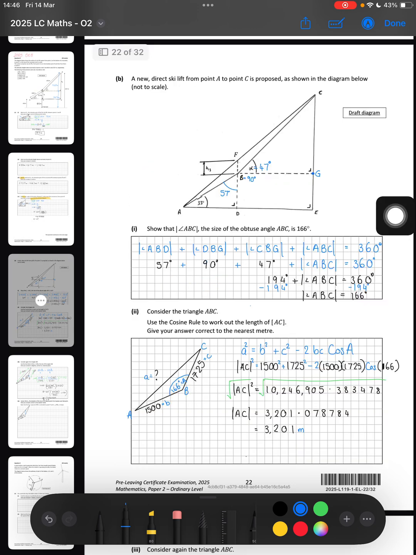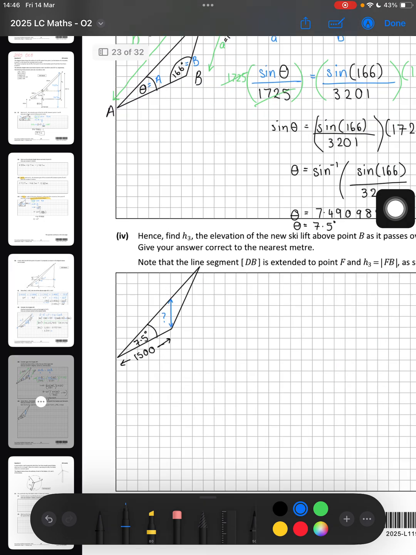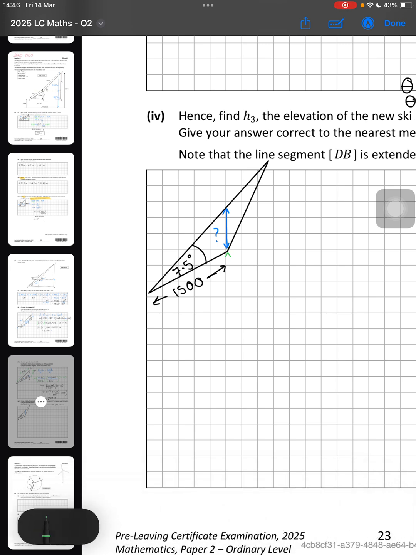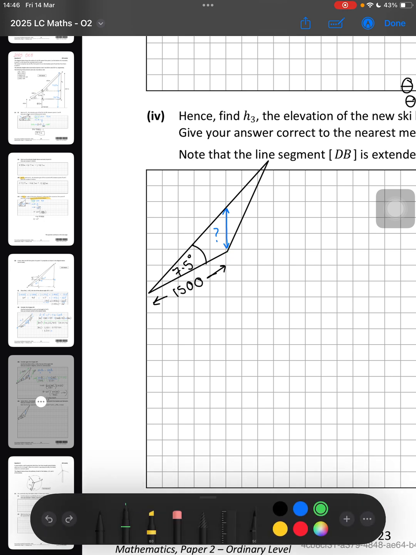Okay, there was a 57-degree angle below. So I'll pop in there that it was a 57-degree angle below that. So if that line was to continue downwards, then this part here is 57 degrees.